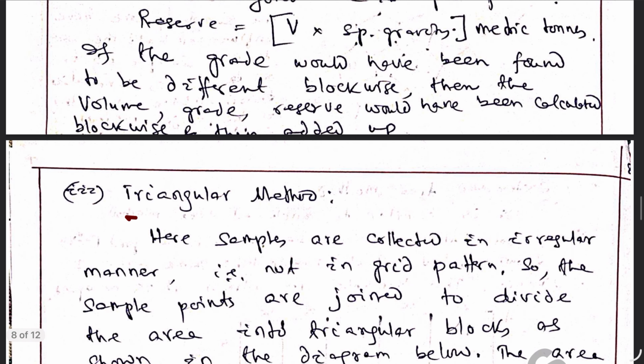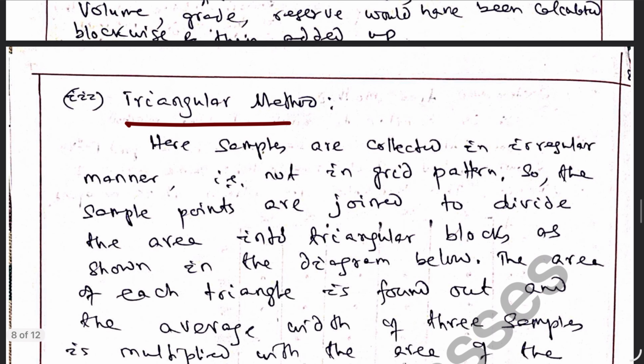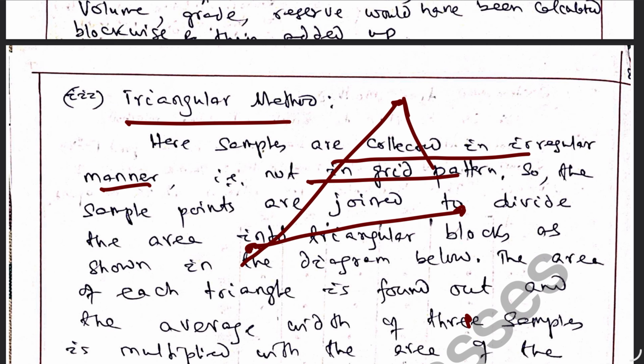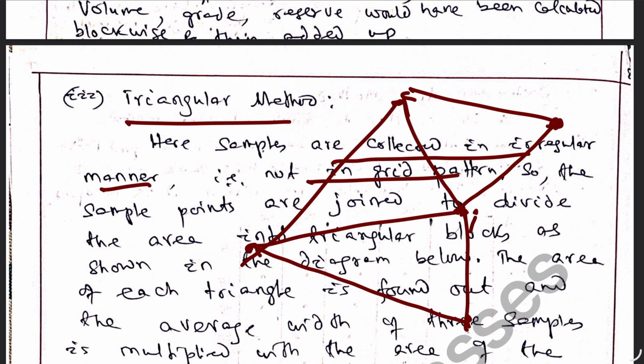Now let us come to the third method, which is triangular method. Here the samples are collected in an irregular manner, not in a grid pattern. Here the sample point, here the sample point, here the sample point. So the sample points are being joined. So at the corners we have the samples. If it has width W1, W2, W3, then the area of this triangle is found out.